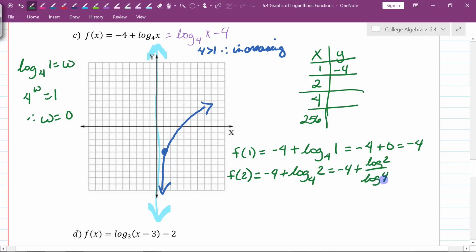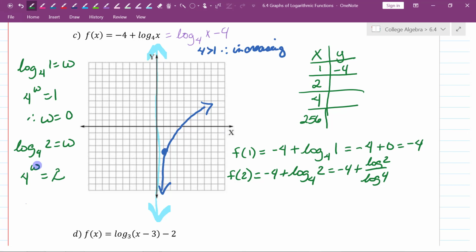I can also say log base 4 of 2 is equal to w. So 4 to the w equals 2. Well, that would mean that I have to take the square root of 4, which would be written as 1/2.